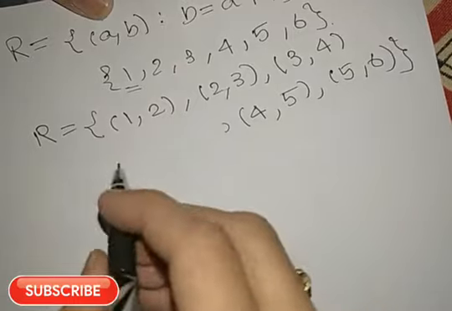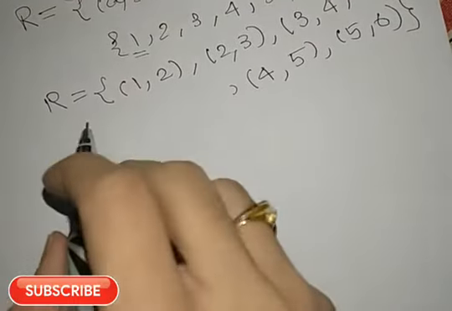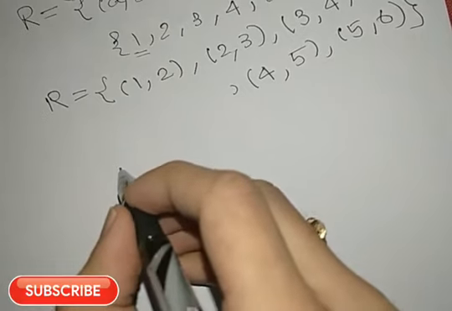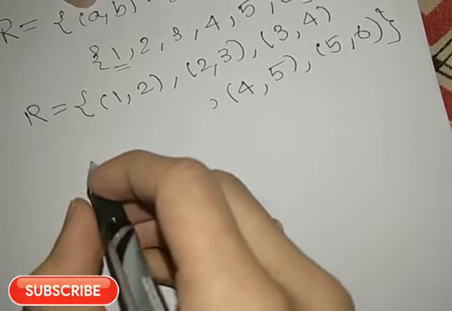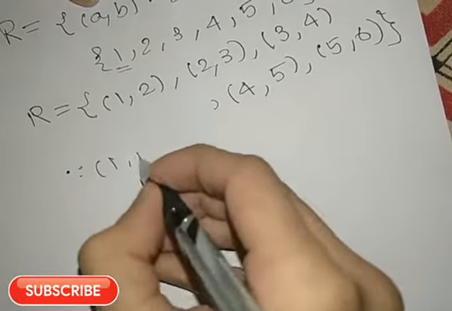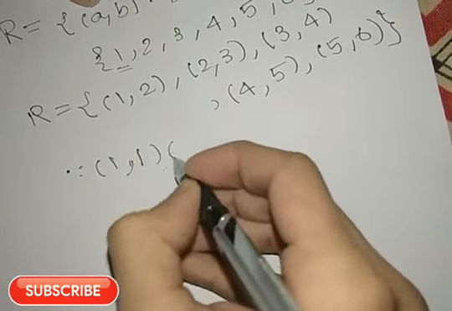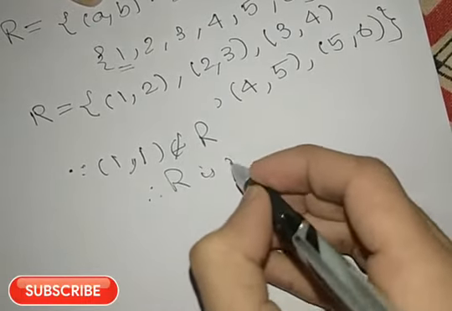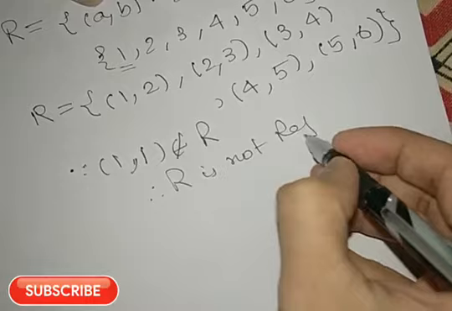Now we have to check whether R is reflexive, symmetric or transitive. Since 1 comma 1 is not in the set R, therefore R is not reflexive.